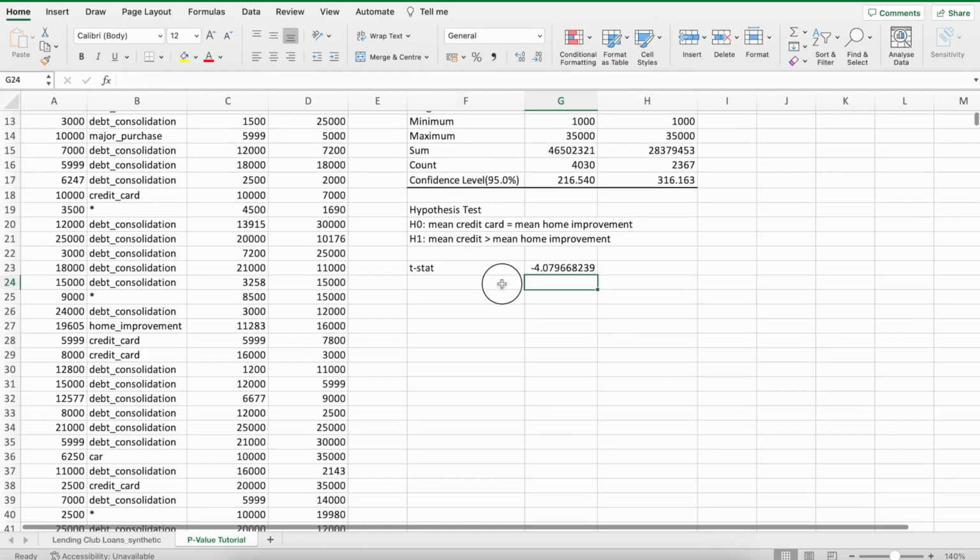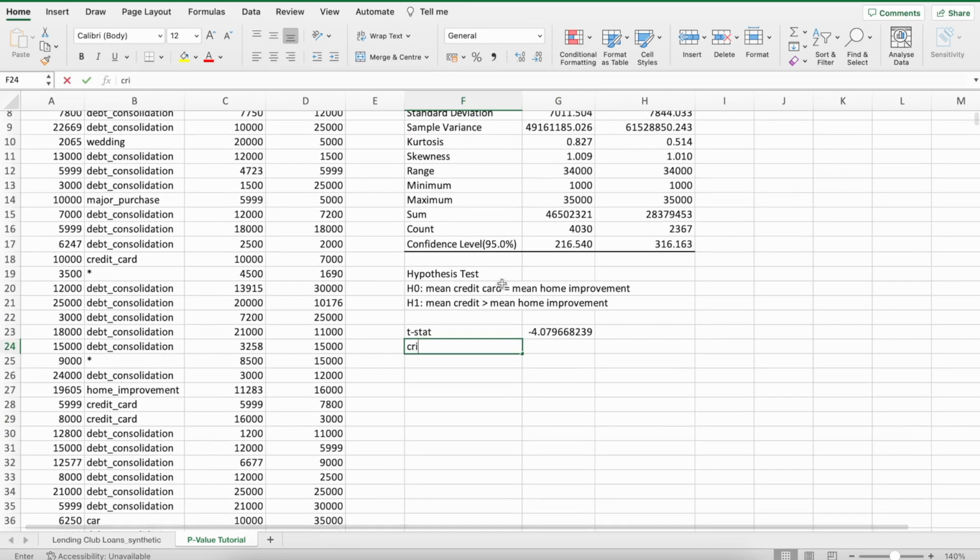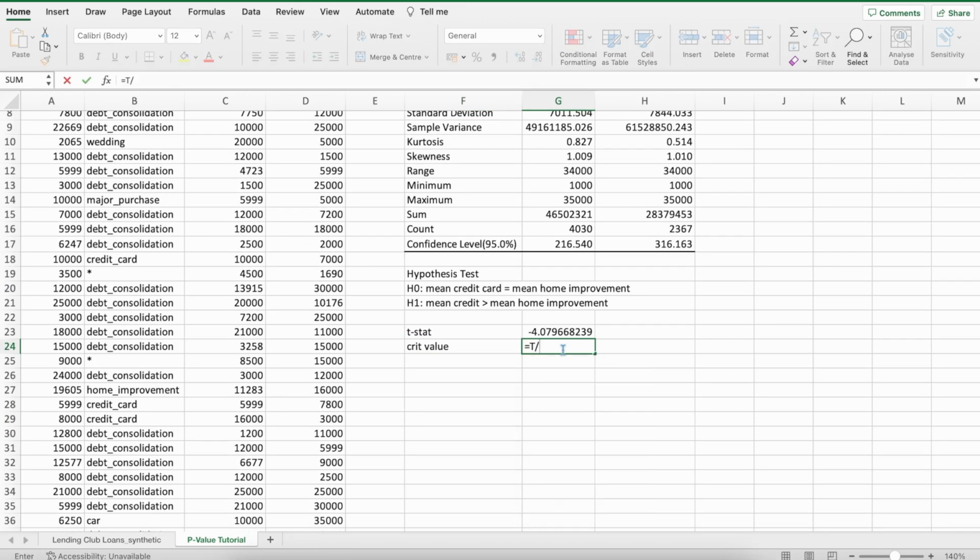So yeah, go and check that out if you don't know how to do student t-tests still. And we can also find our critical value, but this time it will be equals t.dist.rt, right? This is for the p-test, because we're doing the p-value test. We use the t-distribution, which is why it's t.dist, and RT stands for right-tailed.